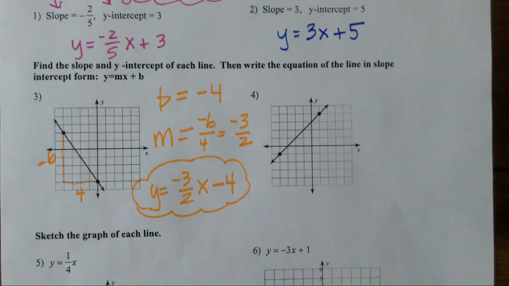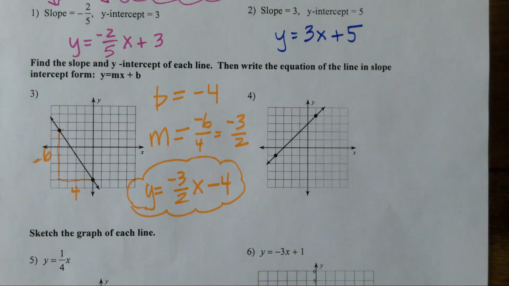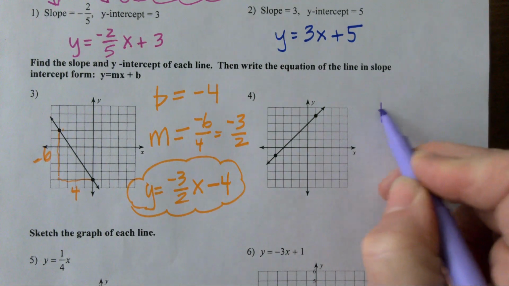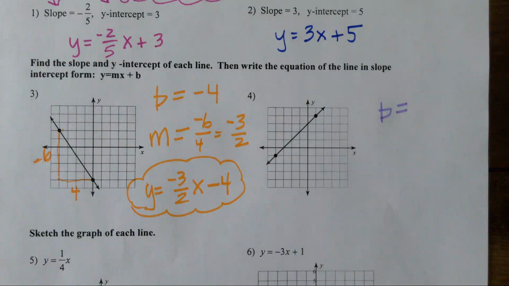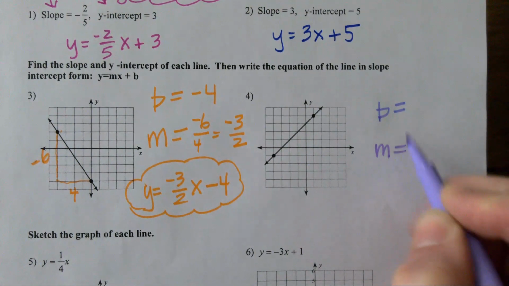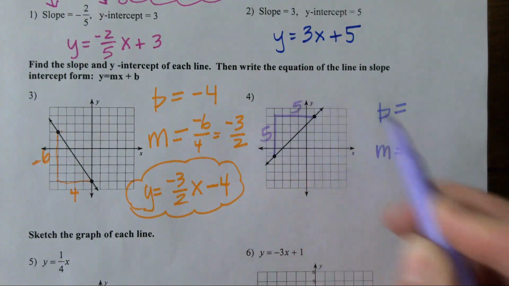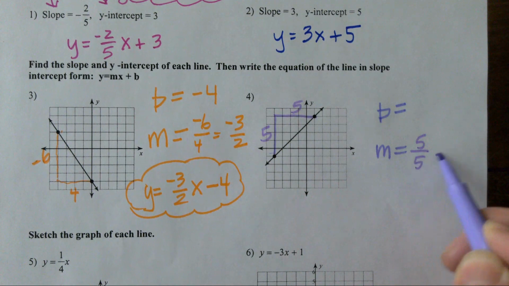Okay? Next. Number 4. Where does it cross the y-axis? That's usually an easy one to do, so I almost always do that part first. All I know is it's 5/5 for the slope. So it's up 5 over 5. Can I reduce that? 1.